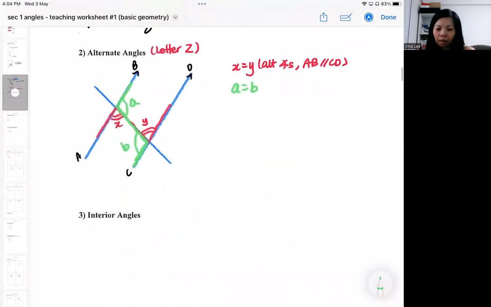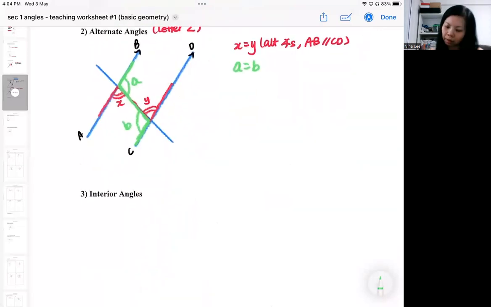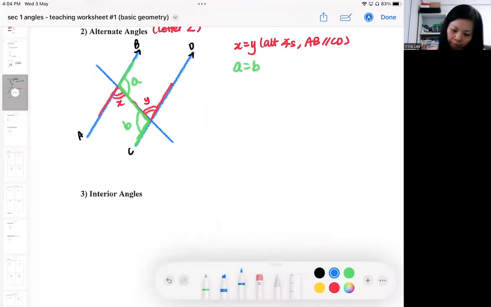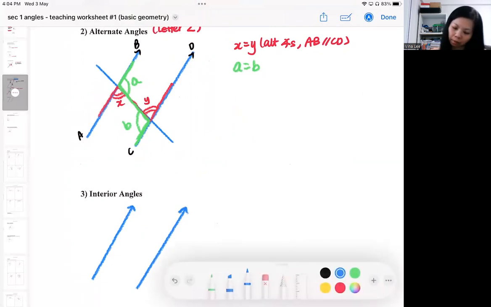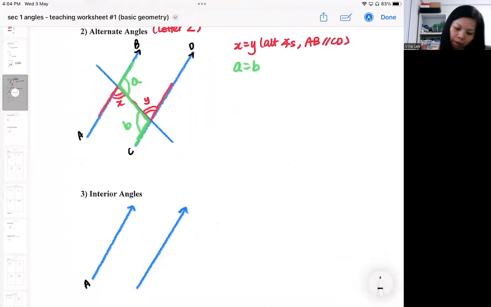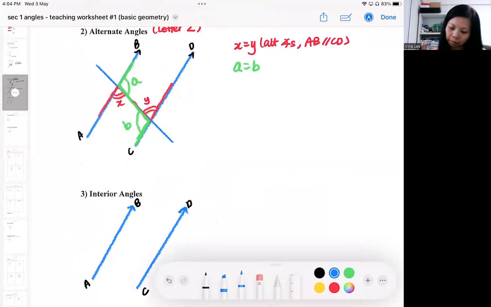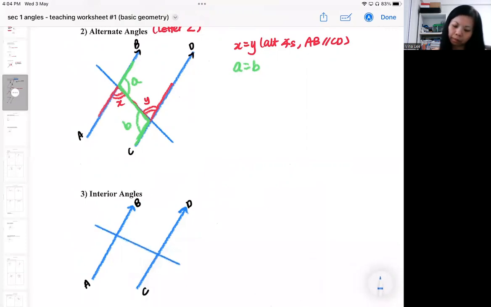Now the interior angle. The interior angle will be something like this. The word interior suggests something that's inside. So it is the angle that is inside two parallel lines. Again, I'm going to label the same parallel lines.